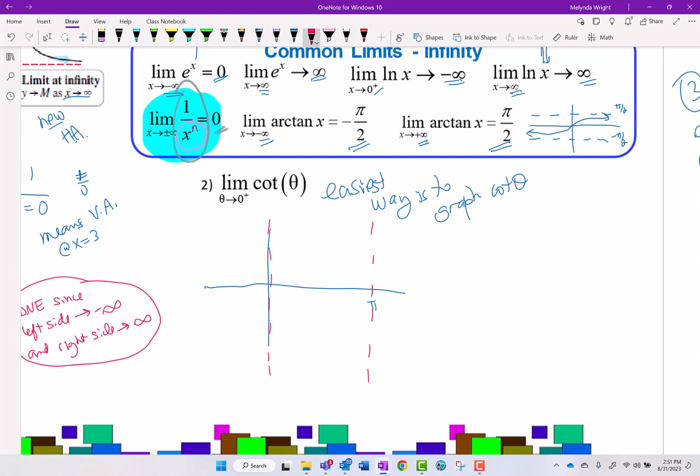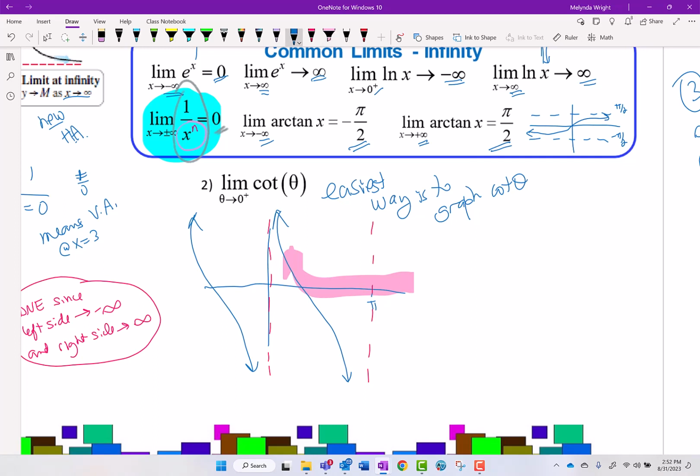And if you remember, it faces the opposite way that tangent does. It goes like this. Okay, that's what it looks like. And over here, it would go like that, and so forth. It goes on forever and ever. So if I am headed to 0 from the right, what is my y value headed towards?